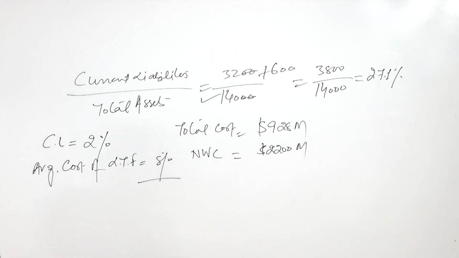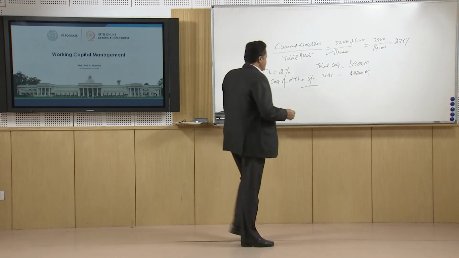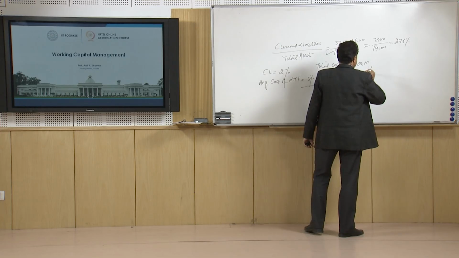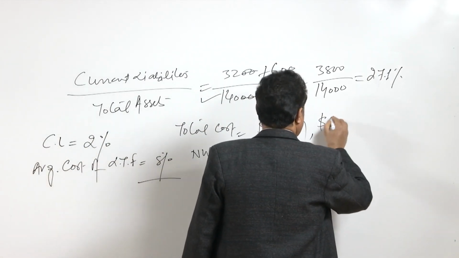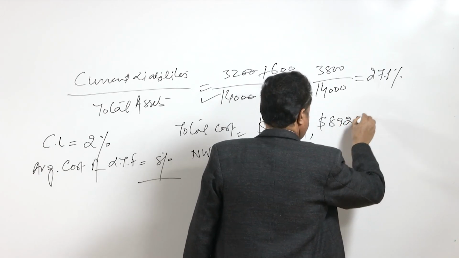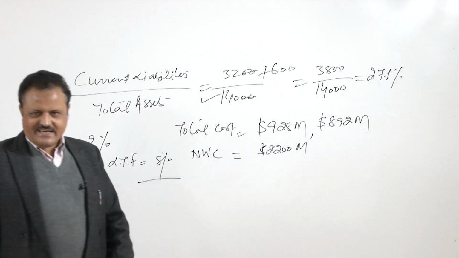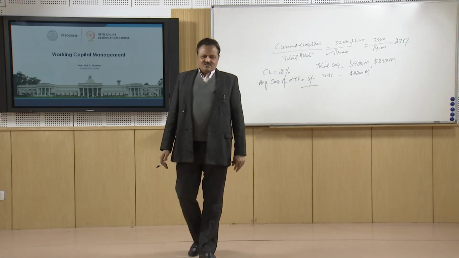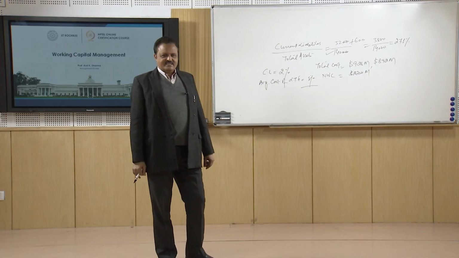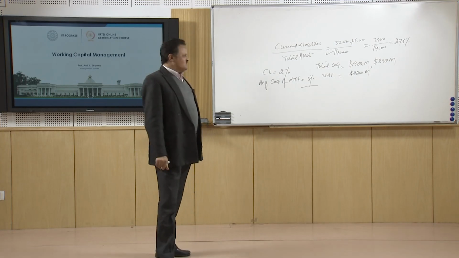Again, if you calculate the total cost on the basis of the cost of short term funds 2% and long term funds 8%, your total cost in this case has come out as $892 million. Cost has decreased because you have increased the proportion of cheaper funds to fund the total assets of 14,000.